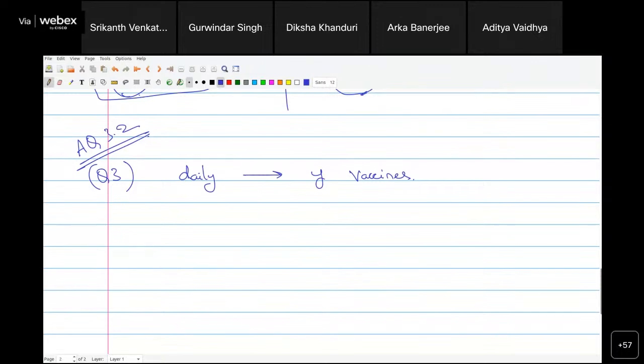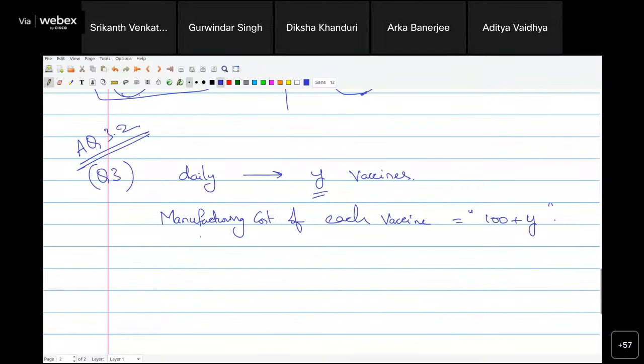And the manufacturing cost of each vaccine is 100 plus the number of vaccines produced per day. If Y vaccines are produced on that day, it will be 100 plus Y. On a particular day, the total manufacturing cost was 10,000.